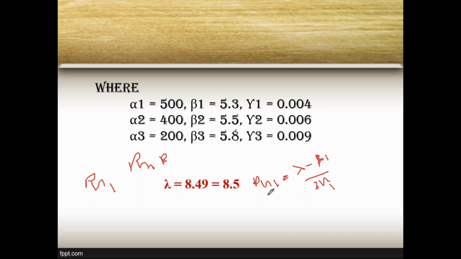Tell me what is the value of Pg1? So lambda is 8.5 minus beta 1, 5.3, divided by 2 gamma 1, 0.008. Find the value of this, Pg1.